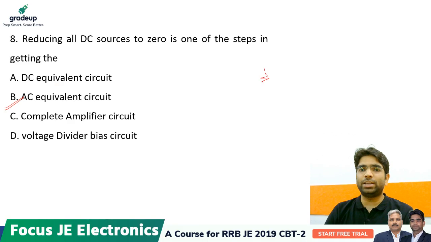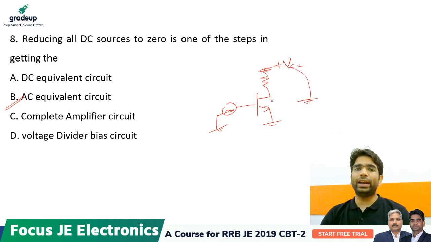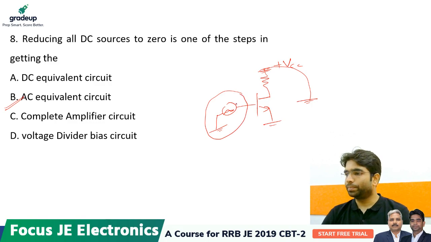See, my dear friends, suppose you have to analyze this amplifier. What we will do is make this source, VCC, ground, and analyze using just the AC source. You are drawing the AC equivalent circuit of it.